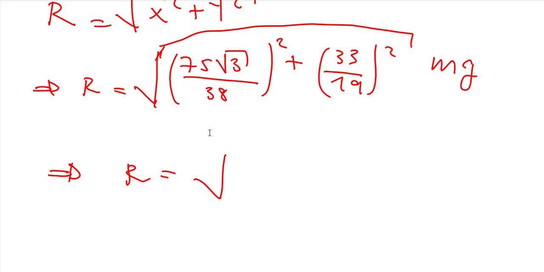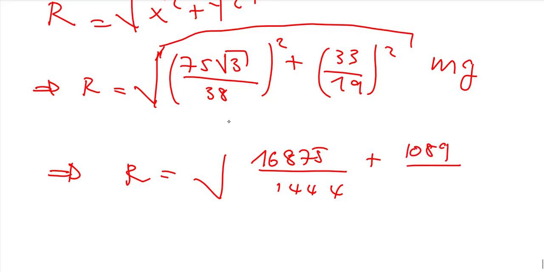We have 75 root 3 squared, so this above gives 16,875 divided by 38 squared, which is 1444, plus 33 squared, which is 1089, divided by 19 squared, which is 361.